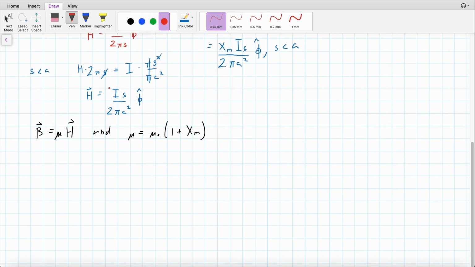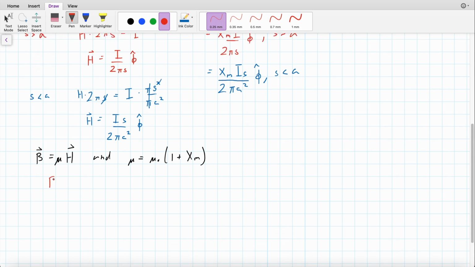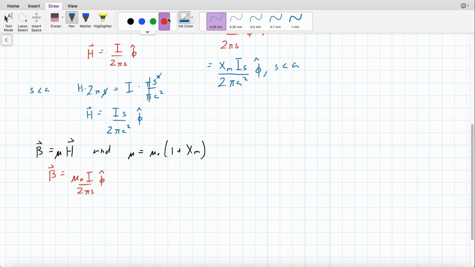Okay, plugging these in. So let's go for the outside case first. Magnetic field is equal to mu naught I divided by 2 pi s phi hat. Again, this is s greater than a. And now for the inner case, magnetic field is equal to mu.